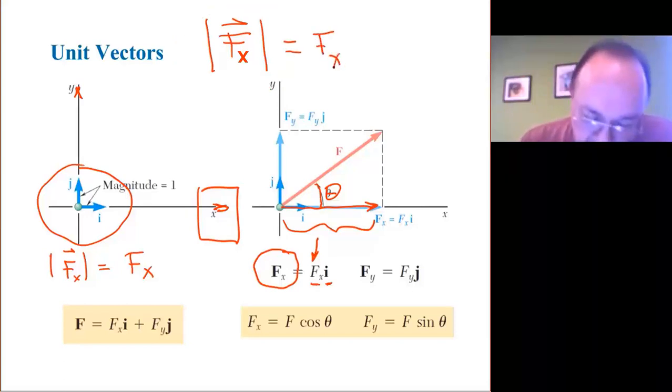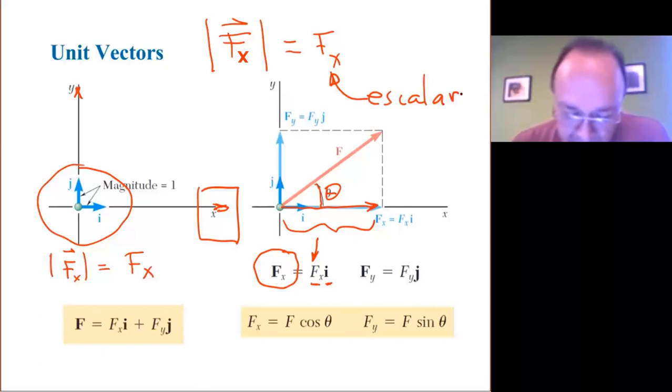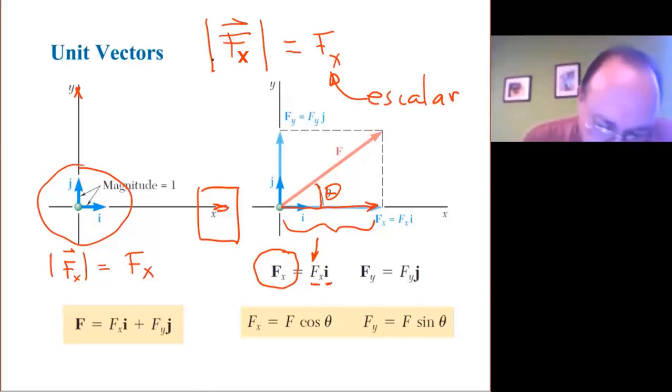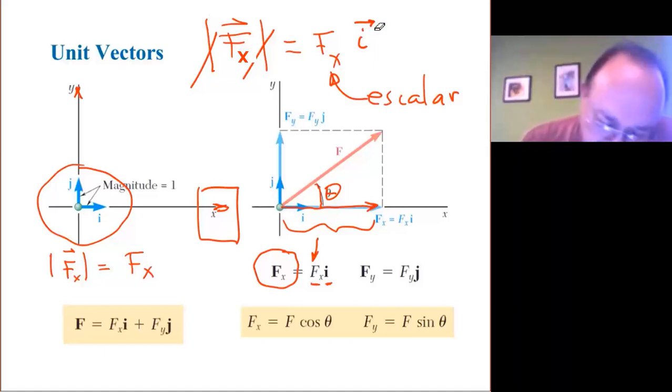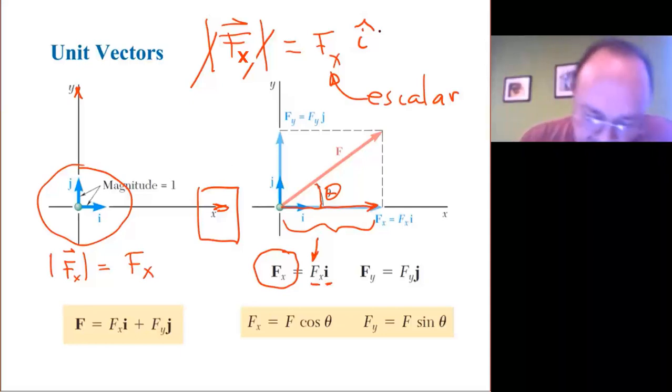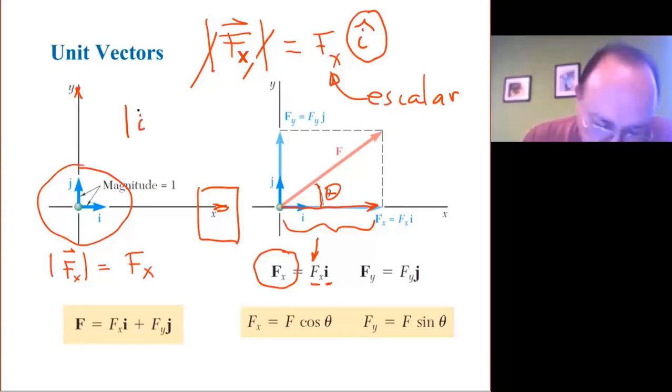This Fx is the magnitude; it is just a scalar, just a number. If I remove the bars, then I have the vector, and then I will have to put here the vector i. Instead of the arrow, it's usually also written with a little hat like this. That's another way to express the unit vector i. So the magnitude of the vector i is 1.